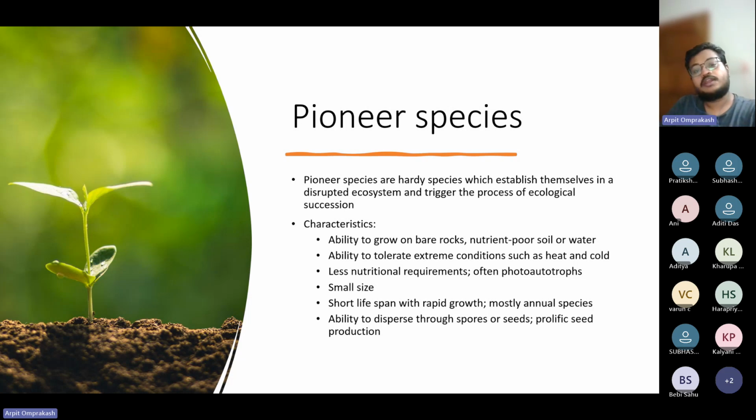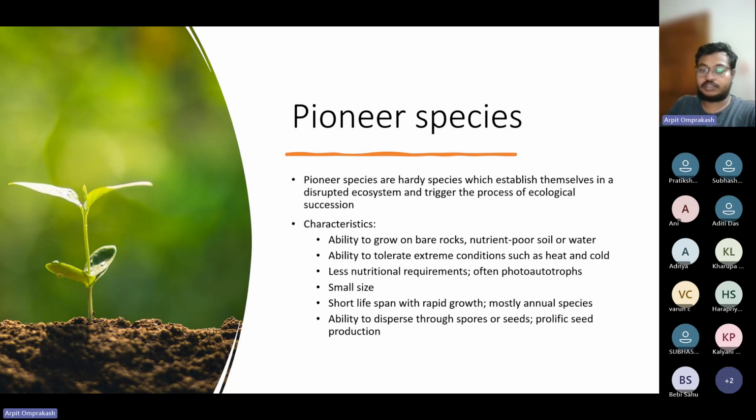For example, they have the ability to grow on bare rocks. They can grow on nutrient-poor soil and water. That is why they are often the first species that grow in areas like this, because they don't have a lot of nutrient demands. They can also tolerate extreme conditions such as heat and cold.